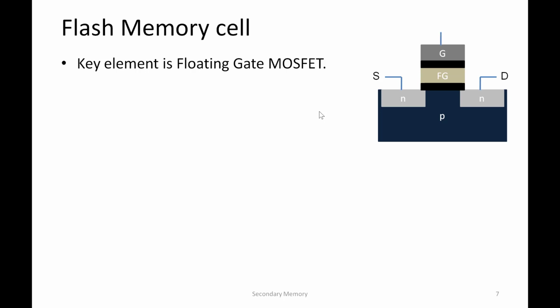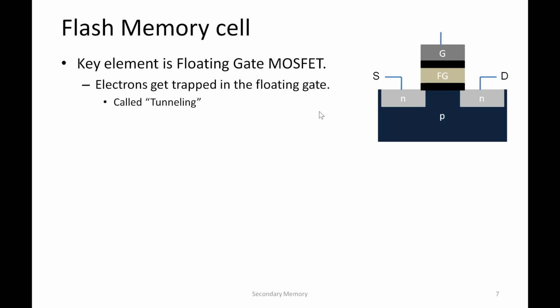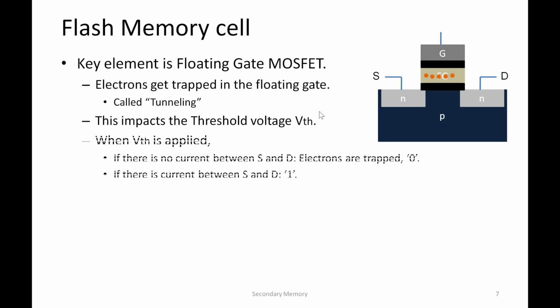Now when we apply a high voltage at the gate, electrons get trapped in the floating gate. They tunnel through the silicon dioxide insulation layer and get stored at the floating gate. Now what is the impact of this is the threshold voltage of this cell changes.